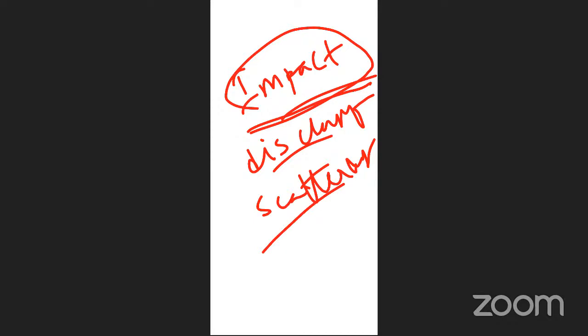Then the distance from the nucleus is equal to b, that is the distance of closest approach. Let us consider the nucleus. This distance is equal to b, that is called the distance of closest approach.